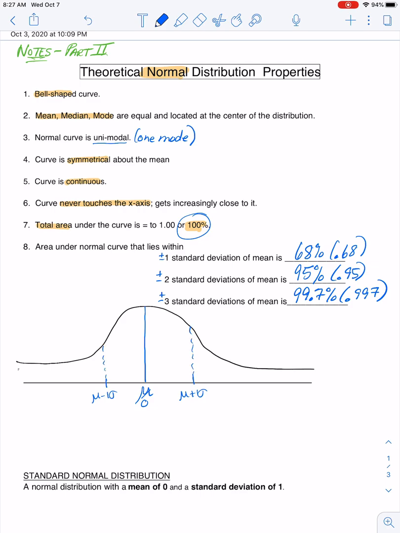The reason I'm doing this is because within plus or minus 1 standard deviation is 68%, and we know this curve is symmetrical, that tells us that on each side we are going to have 34% of the data. I just took 68 and divided by 2.